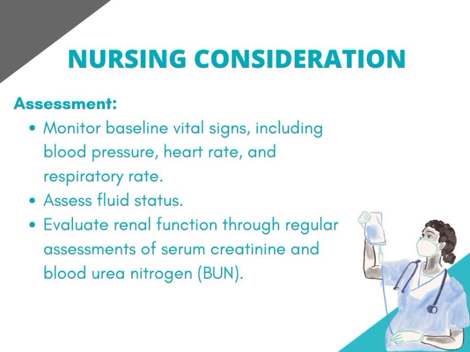We should always check baseline vital signs including blood pressure, heart rate, and respiratory rate. Assess fluid status and evaluate renal function through regular assessment of serum creatinine and blood urea nitrogen, or BUN.